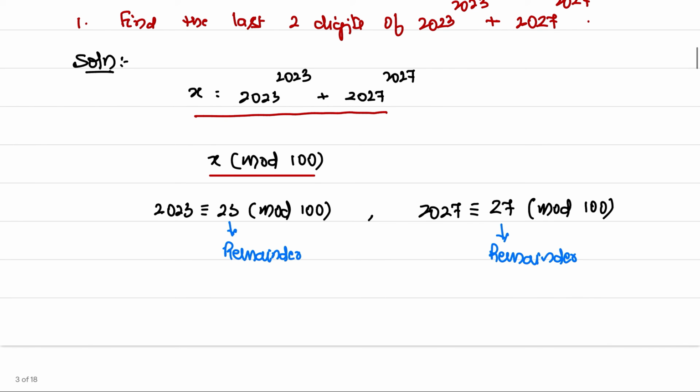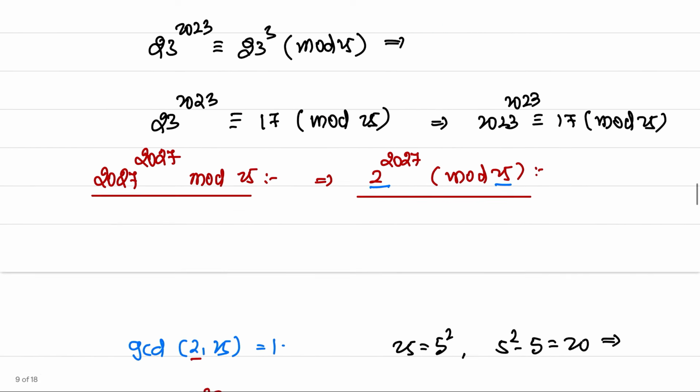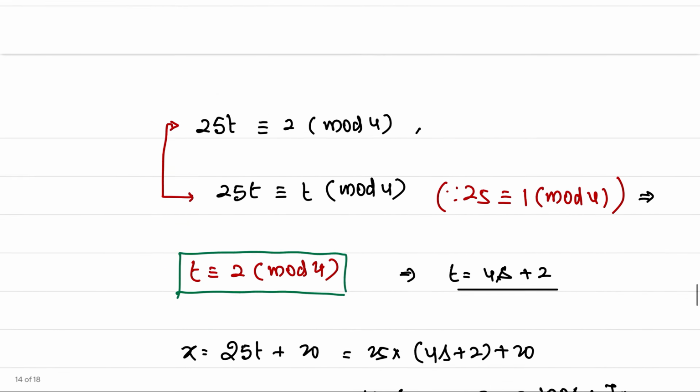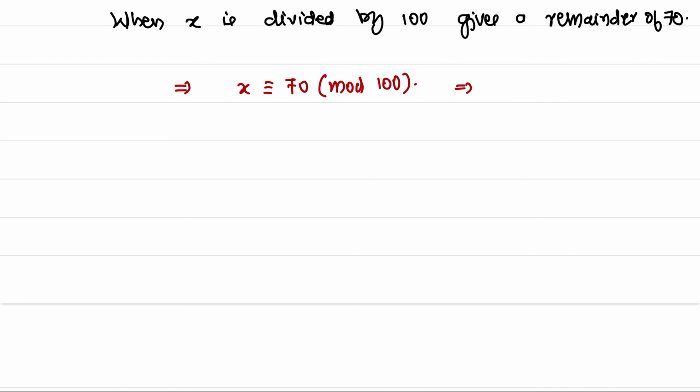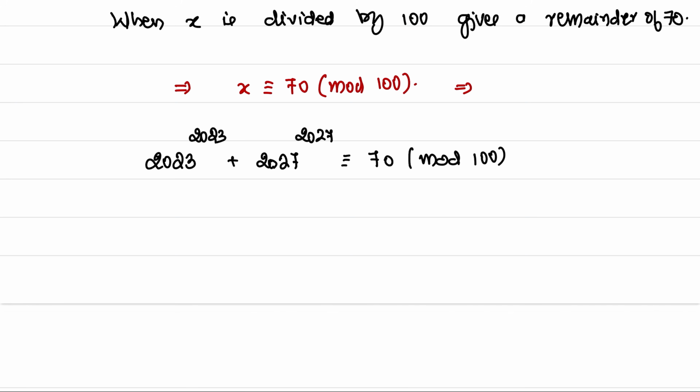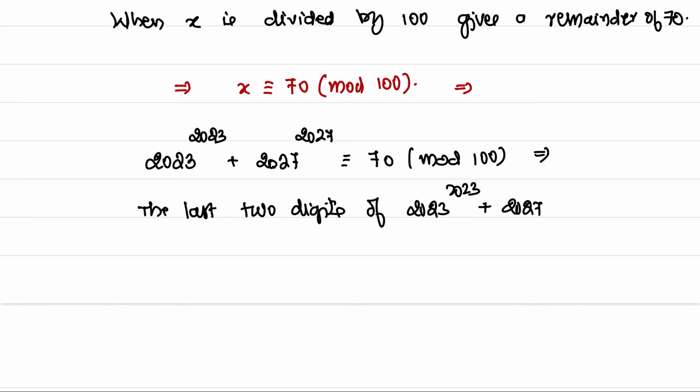Hence, it implies 2023 to the power of 2023 plus 2027 to the power of 2027 is equivalent to 70 mod 100, which implies the last two digits of 2023 to the power of 2023 plus 2027 to the power of 2027 are 70, that is 7 and 0.